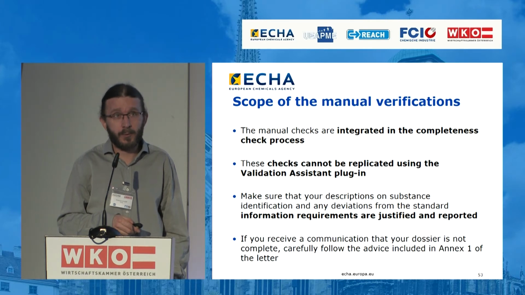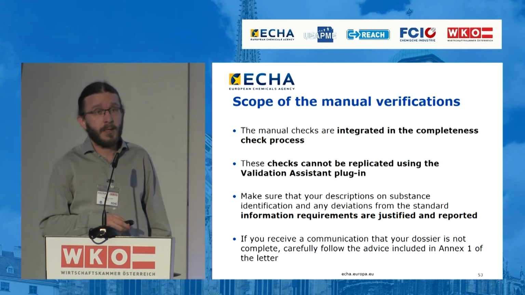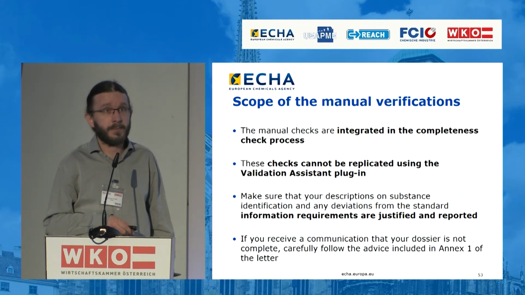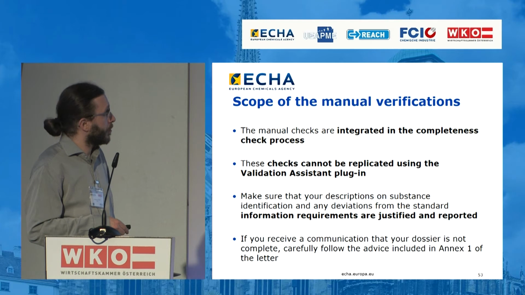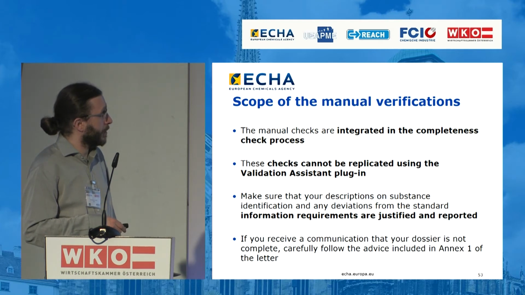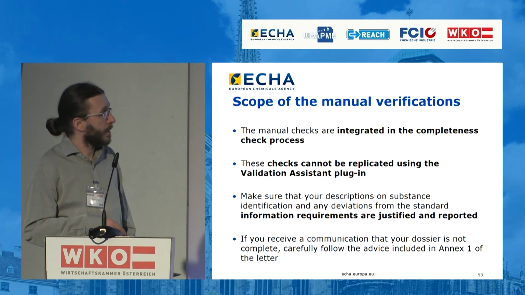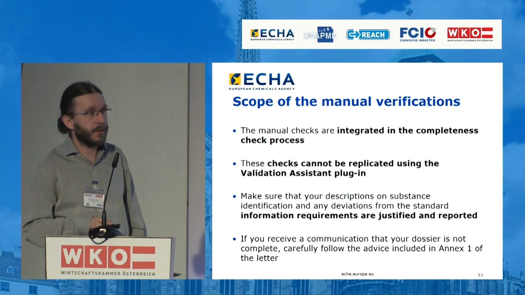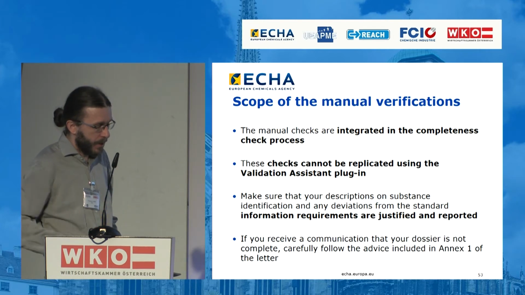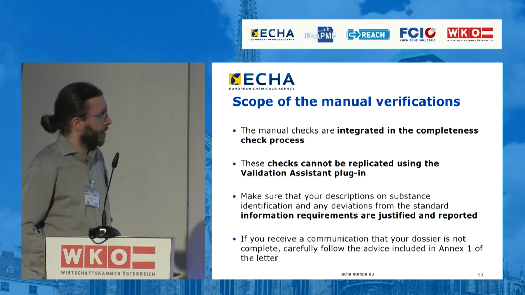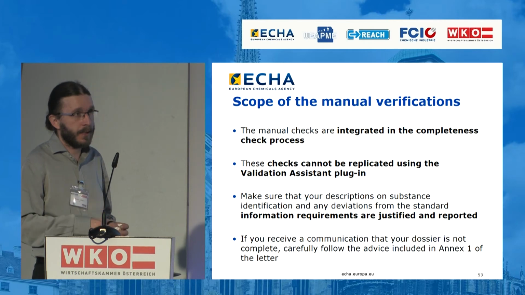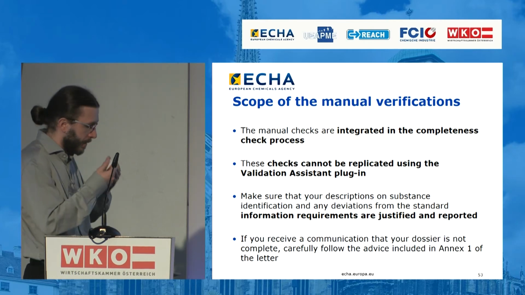So what is the scope of this manual verification? They are there to verify that the description of the substance is correct, and that any deviation from the standard information requirements, so if you use a data waiver, for example, or if you apply a read-across, that the appropriate justifications are provided.